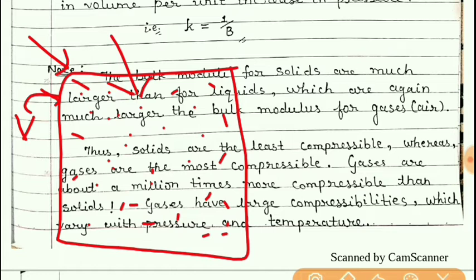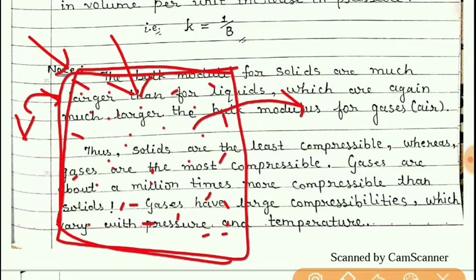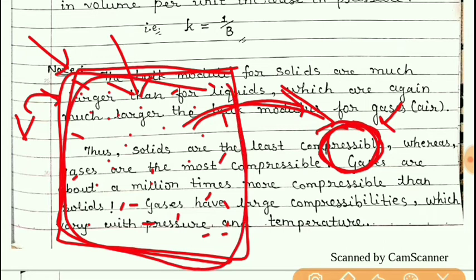If I want to put all the gas in this large container into this small container, then I can fill the gas inside this small container also. That shows that it is highly compressible. It can be compressed and filled into this small container also.